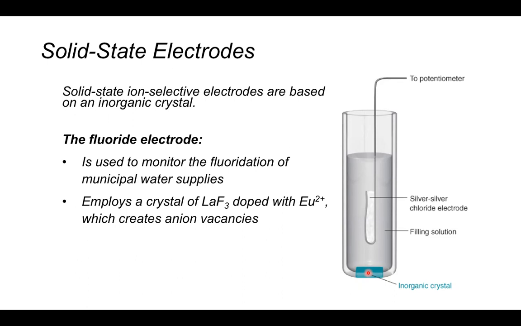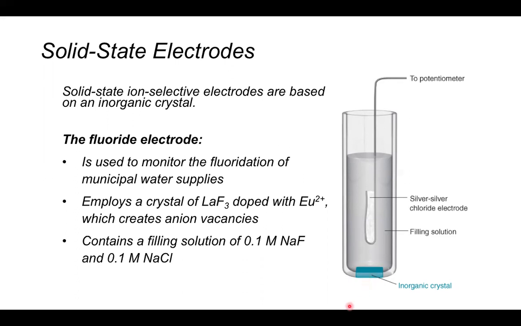We saw that in the case of the protons in the pH meter, where the protons moved into the glass electrode interface and into the silica glass, and that was how the potential was changed. Something similar is happening here, where the fluoride is moving into the inorganic crystal, which is lanthanum fluoride doped with europium 2+. And we have a filling solution here, which is 0.1 molar sodium fluoride and 0.1 molar sodium chloride.